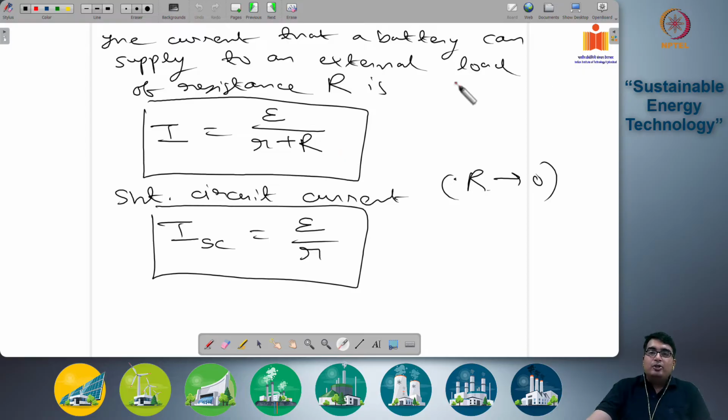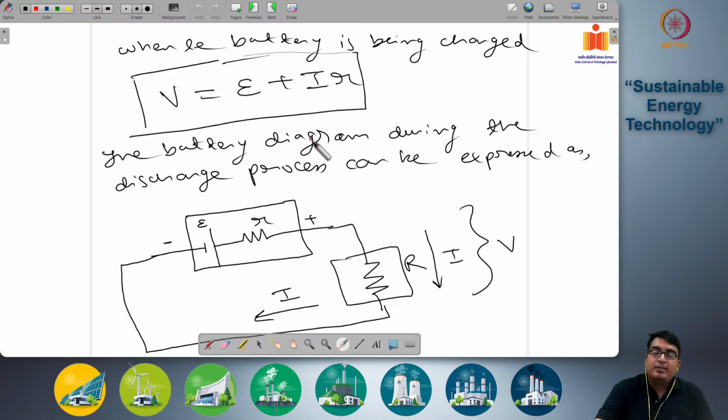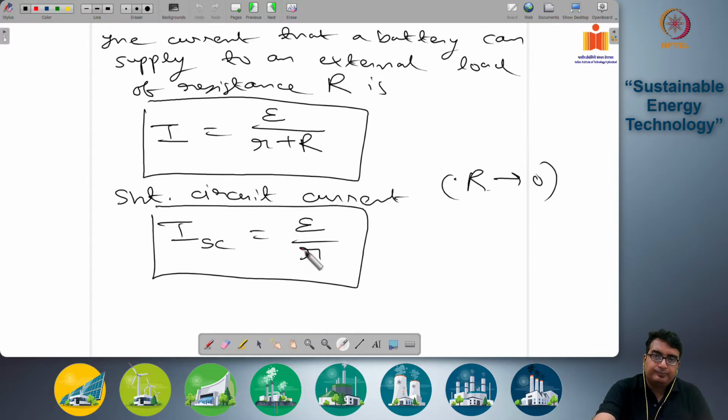So that is the total current that the battery will supply given the external load capital R and the internal load small r. So clearly, if the battery has a higher electromotive force or EMF, then it will be able to provide a higher current. Also, if the battery has a lower internal resistance, then it will also be able to produce a higher current given an external load.